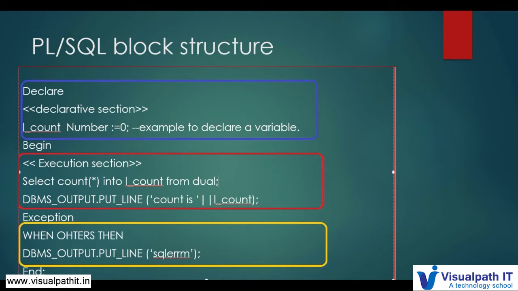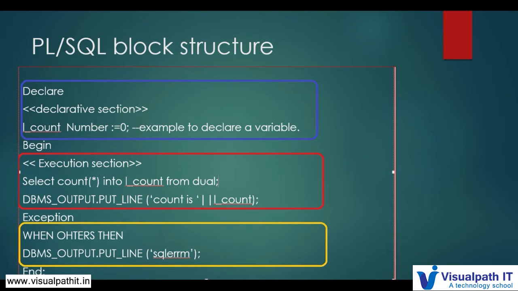As you can see, there are three sections: the one highlighted in blue, the one highlighted in red, and the one highlighted in yellow. The blue one is the declarative section, which always starts with declare. Whatever you write between declare and begin will be in the declarative section.